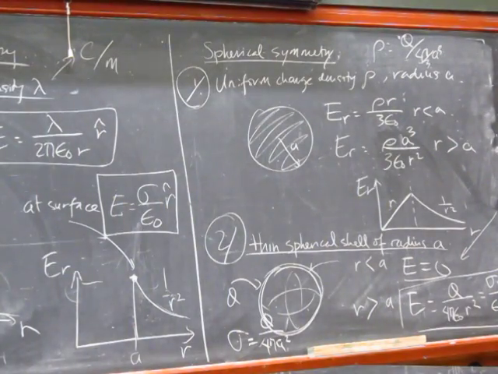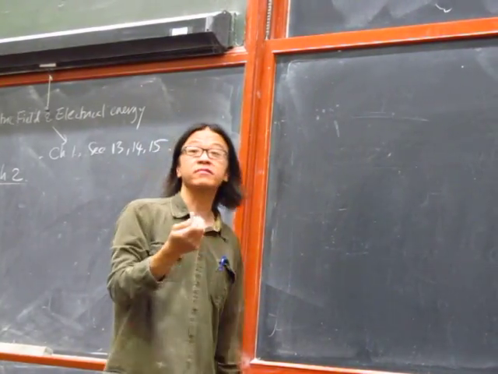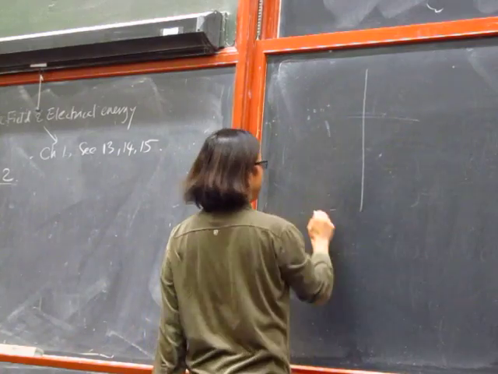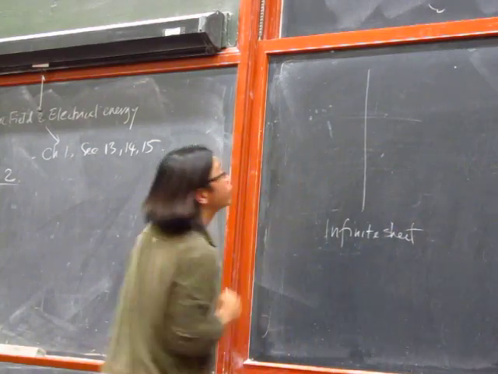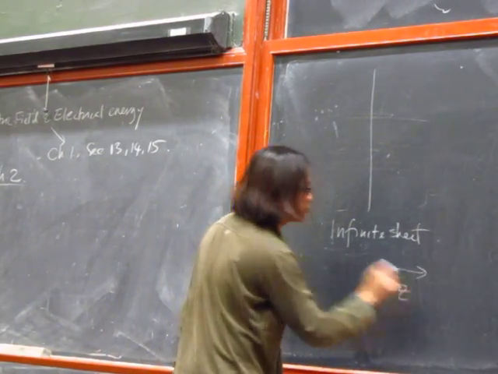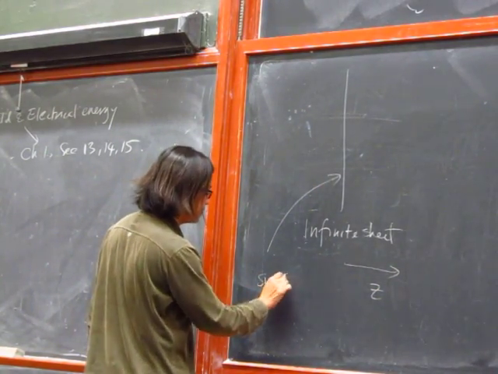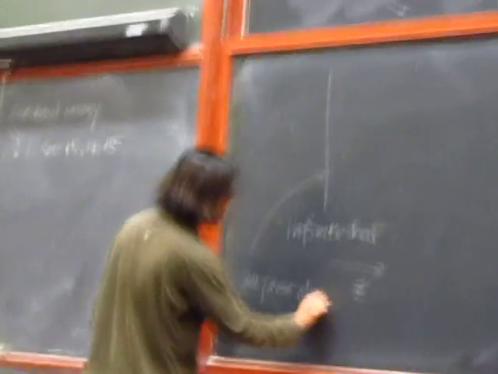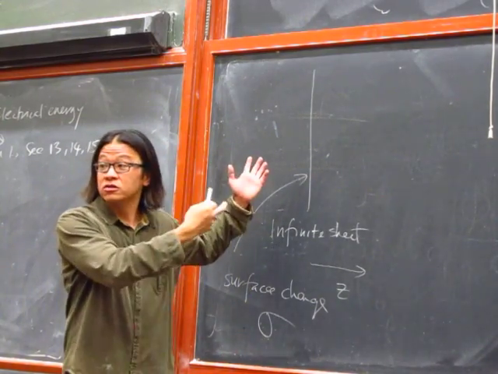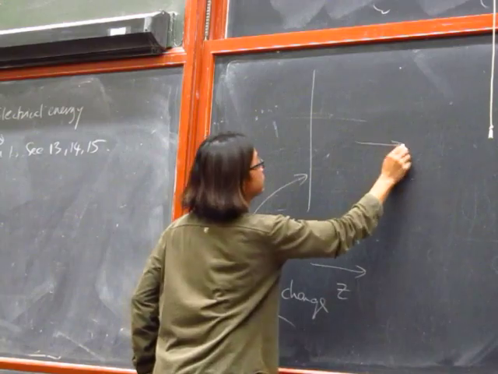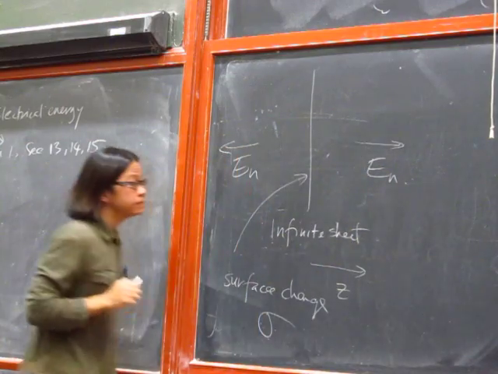We also looked at, I don't know what we call this symmetry, I guess mirror symmetry. If I have an infinite sheet, with z as the direction, and there is a surface charge density sigma, then applying Gauss's law here, we found that the electric field, first of all, has to be normal.